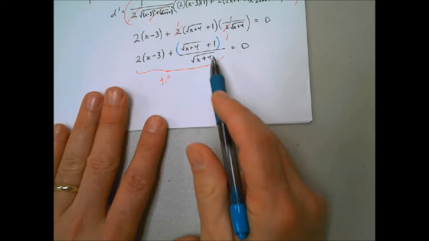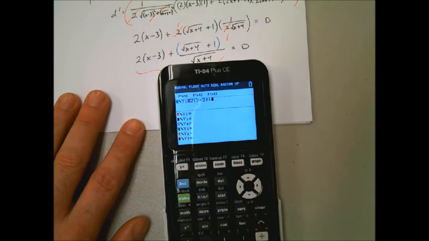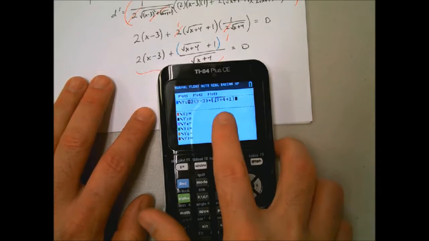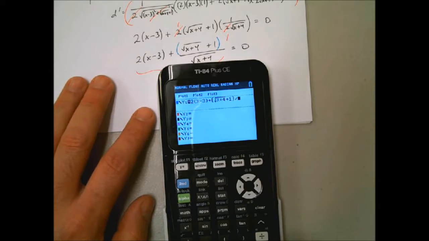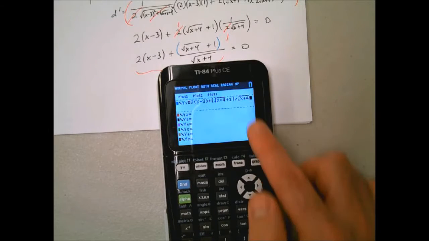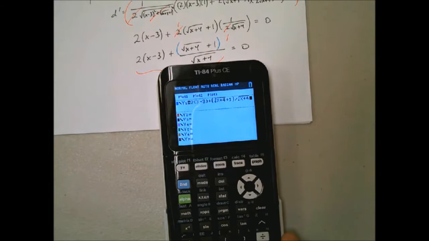So I'm going to show parentheses around the numerator: parentheses root x plus 4 plus 1, close the numerator, divided by root x plus 4. Now, some of your graphing calculators use open parenthesis, close parenthesis, so you've got to be a little bit more careful with all that kind of stuff. But anyway, make sure that you get it to a point where you can plug it in your graphing calculator accurately.